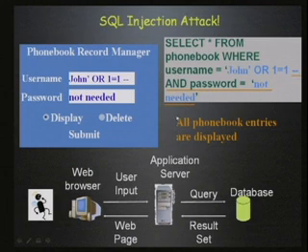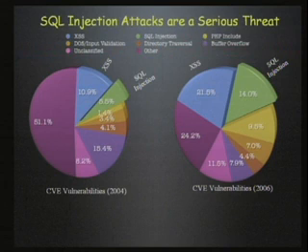Okay, and password equals not needed. In this case, because the comment character appears here, the rest of the query is commented out, and the condition 1 equals 1 is always true. So all the phone book entries are displayed because 1 equals 1 is always true. So in this case, the attacker is able to access all the entries stored in the database by a simple attack.